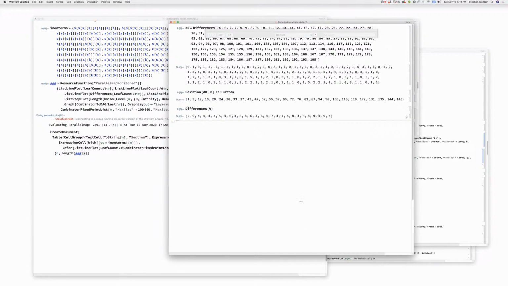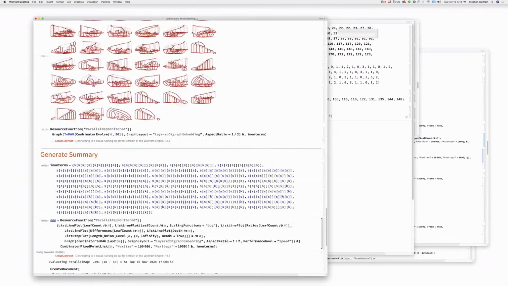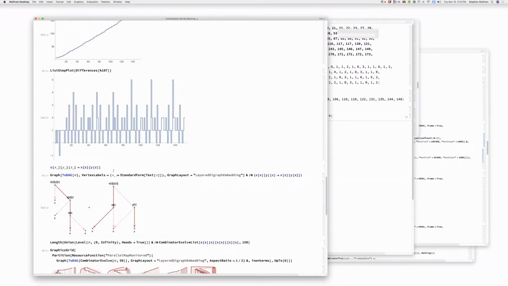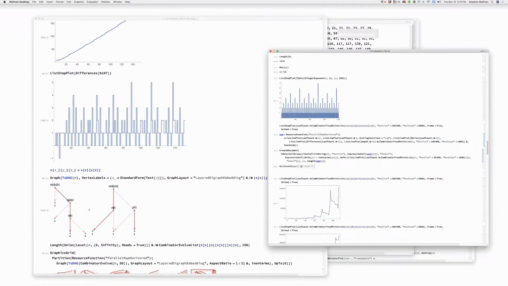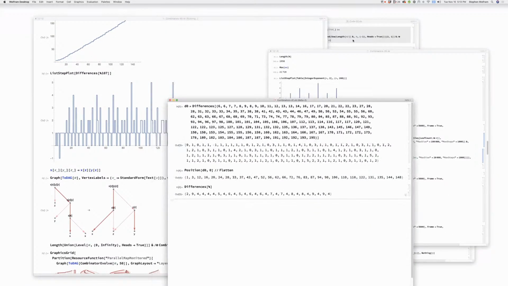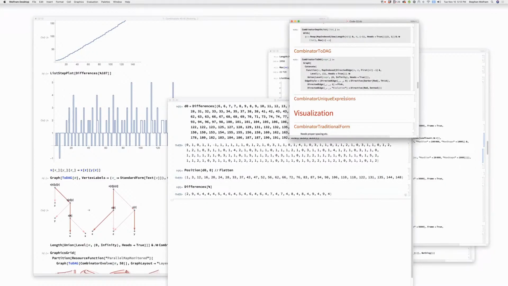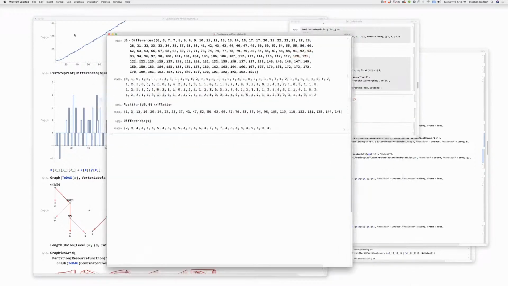Okay, let's write something then that can do that thing of knowing which subexpressions are new. So what we're saying is, in this combinator to DAG thing, we're counting subexpressions, right?